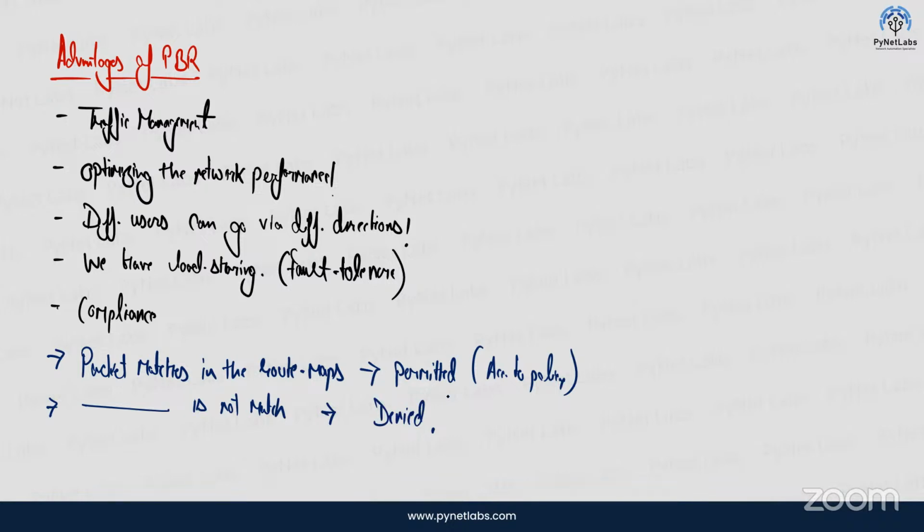Now let's try to understand the syntax for policy-based routing, how we are going to configure it. The first thing to configure policy-based routing is to make sure you define the route maps. So the heading is syntax for PBR.